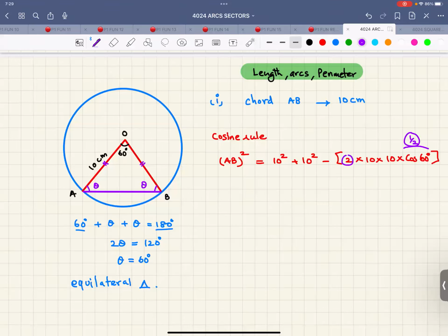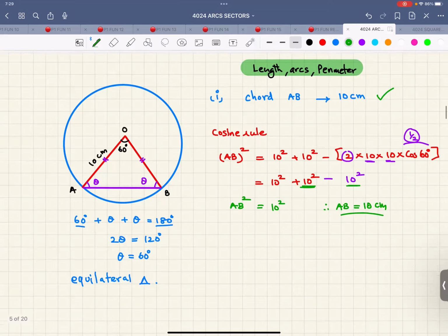Half over here, 2 over here, it cancels out. You are left with 10 into 10, which is 10 squared. Then the 10 squared and 10 squared cancel out. We are left with 10 squared, that is AB squared. In other words, AB equals 10 centimeters, the same thing as we have proven geometrically.